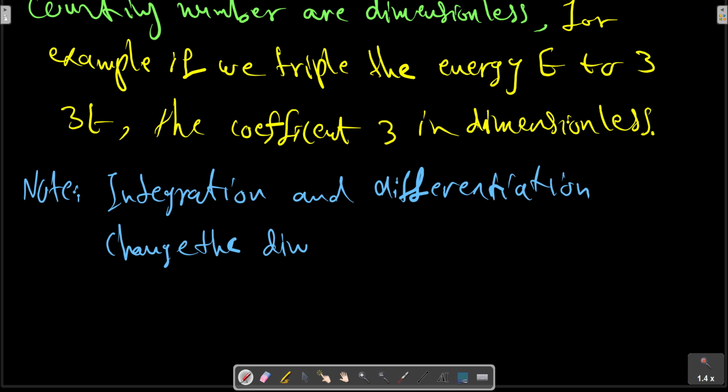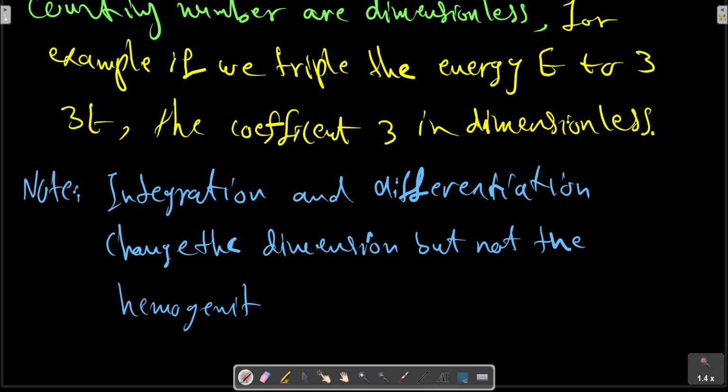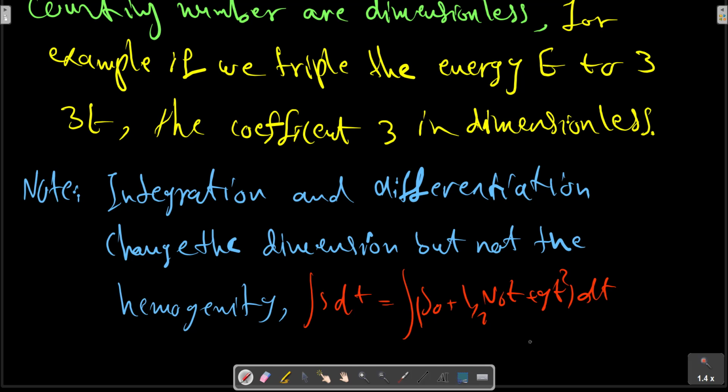For example, in the integration of S dt from 0 to t on the falling body curve, the homogeneity does not change but the dimension changes to, for example, LT.